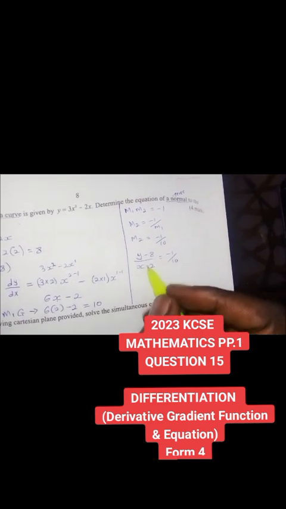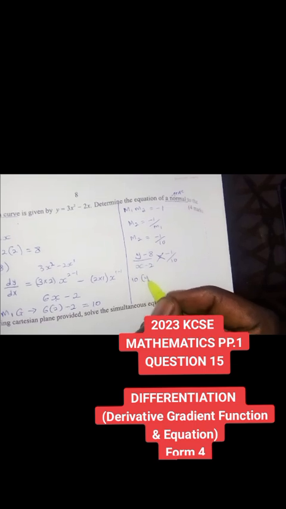I can cross multiply. So if I cross multiply this, I'm going to have 10 into y minus 8 is equal to -1 into x minus 2. So I have here 10y minus 80 is equal to -x plus 2, because a negative and a negative give a positive 2. So I have 10y is equal to -x plus 2 plus 80.